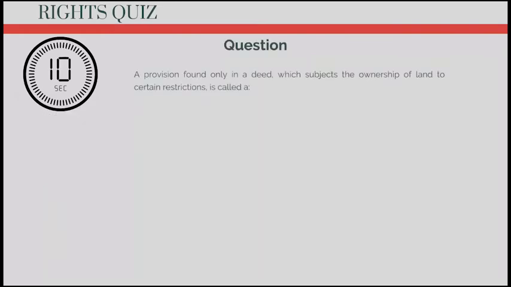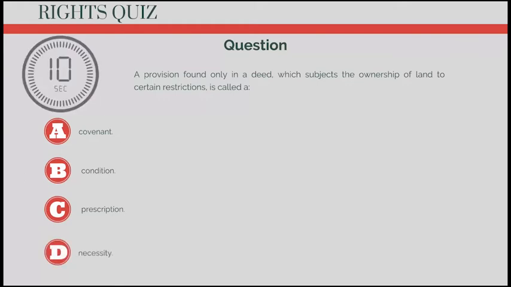A provision found only in a deed which subjects the owner of land to certain restrictions is called A. Covenant, B. Condition, C. Prescription, or D. Necessity. The answer is B. Condition.